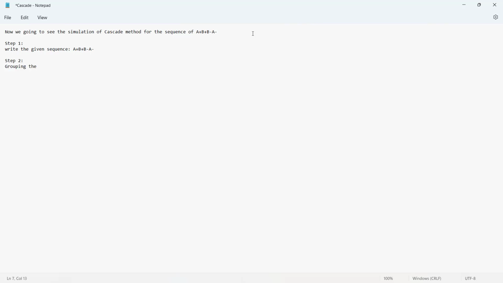Grouping the given sequence. So we have the 4 sequence here, so we need to separate it into 2 groups.